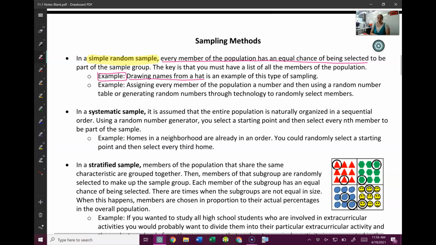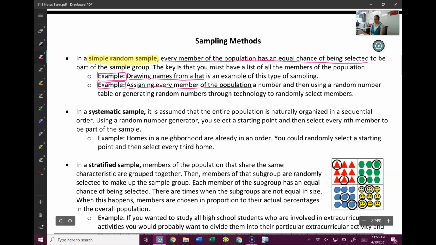So if your population is really big, simple random sampling is really difficult. However, simple random sampling is one of the most reliable types of sampling we've got because it's very representative of your population.